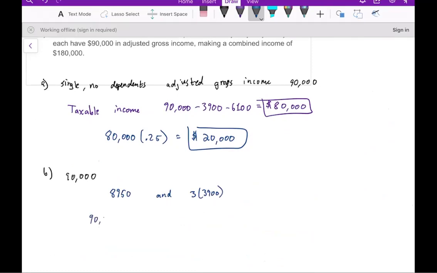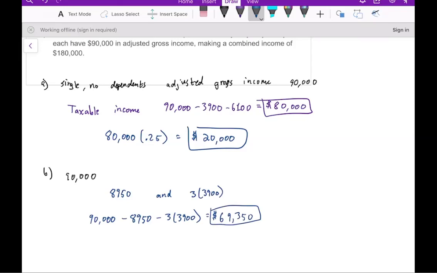So if I do 90,000 minus 89.50 minus 3 times 3,900, we'll get our taxable income. So in this case, I need to take 90,000 minus 89.50 minus 3 times 3,900, and that would give me that the taxable income is $69,350.